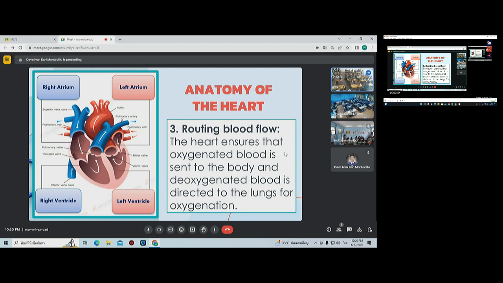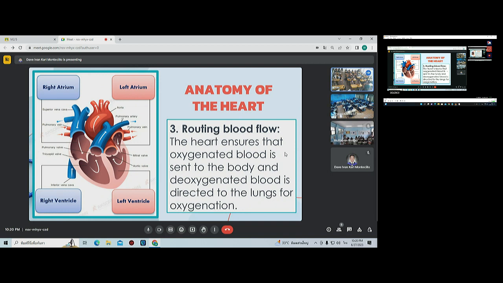Just remember that the blood will always move, from every part. So again, oxygenated blood enters the pulmonary vein, going to the left atrium, pumps down to the left ventricle, and pumps out to the aorta.